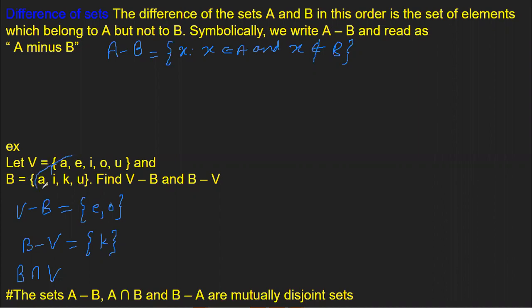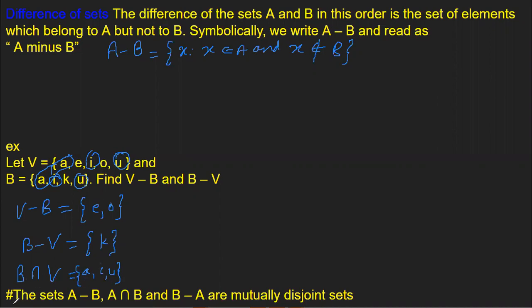We have this A here. दोनों में है. I is common. यहाँ भी है, यहाँ भी है. And U is common. So I have the elements A, I, U. So this is A intersection B.